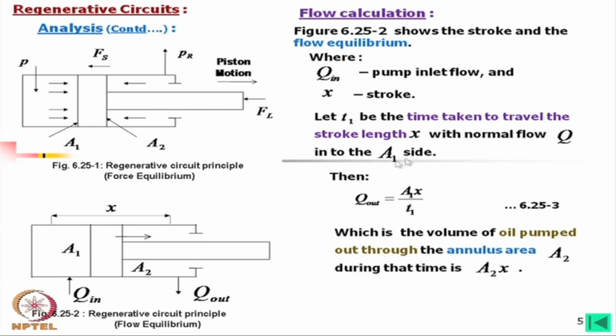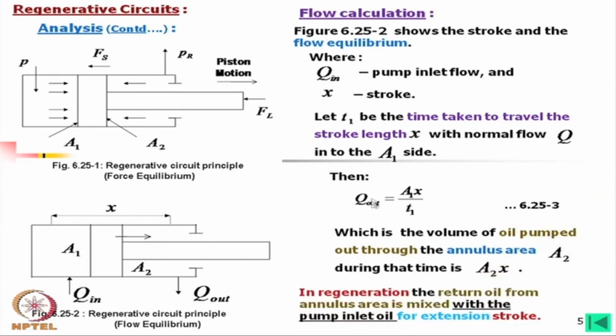Okay. T1 is the time, which is the volume of oil pumped out through the annulus area A2 during the time, A2x.